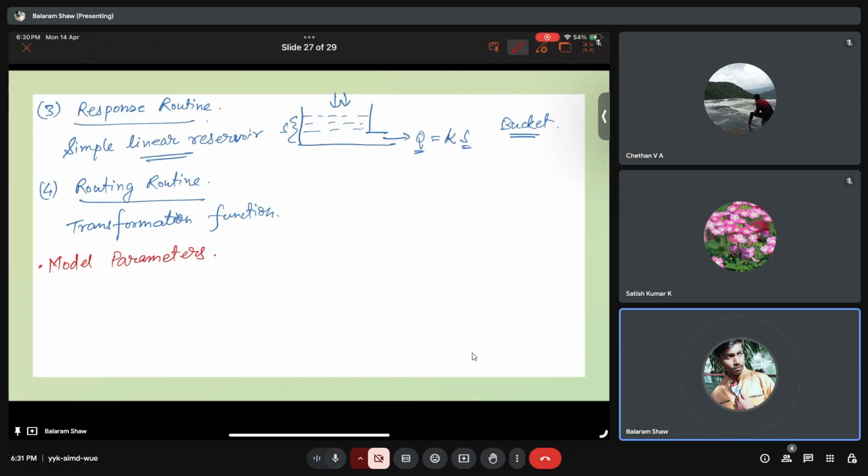So after we are done with the model setup with these model parameters, what we have to do is the calibration and validation, right? We have studied calibration and validation in the hydrological modeling class.